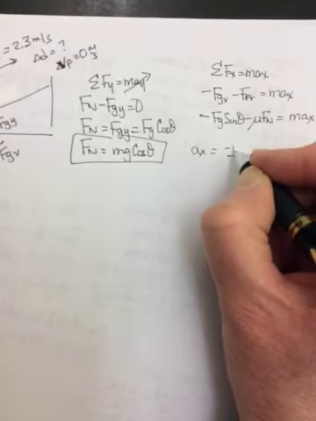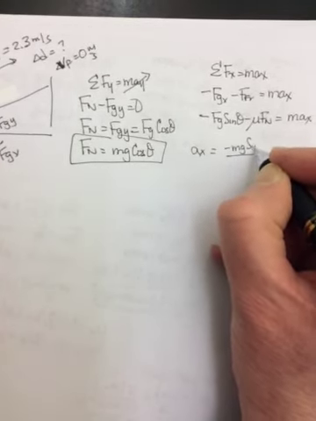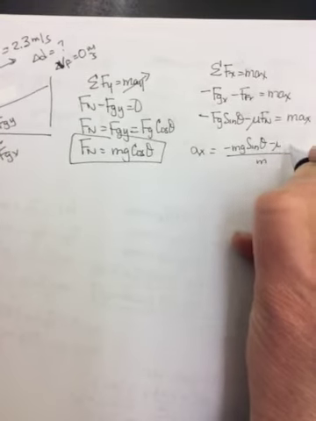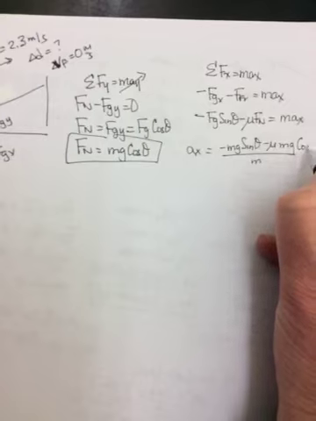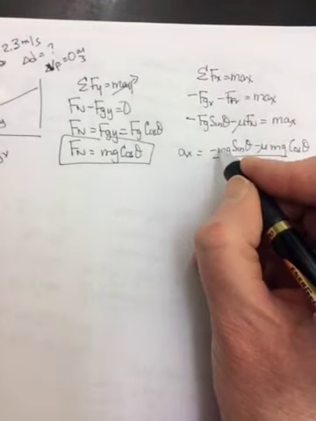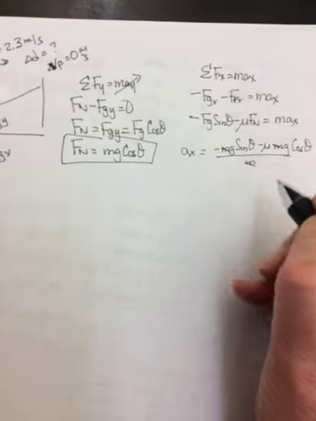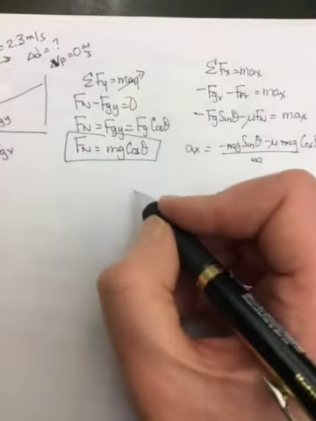So it'll be negative mg sine theta minus mu, and in place of Fn, you can fill in mg cos theta. What's going to happen with your m's again? They are going to cancel, which is why you should not have filled in your numbers.